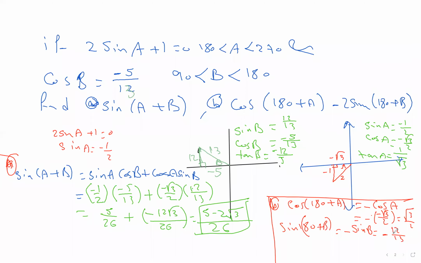Then number B will be cosine 180 plus A, which is root 3 over 2, minus 2 times sine 180 plus B, which is negative 12 over 13, and calculate the answer.